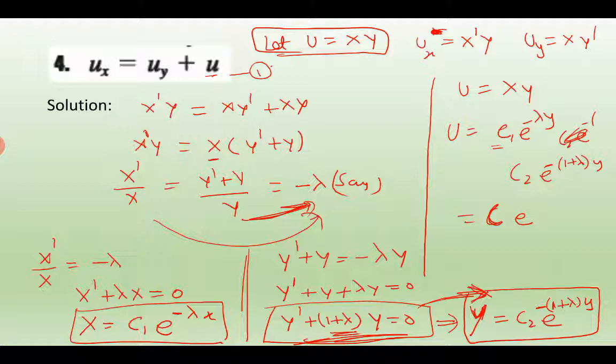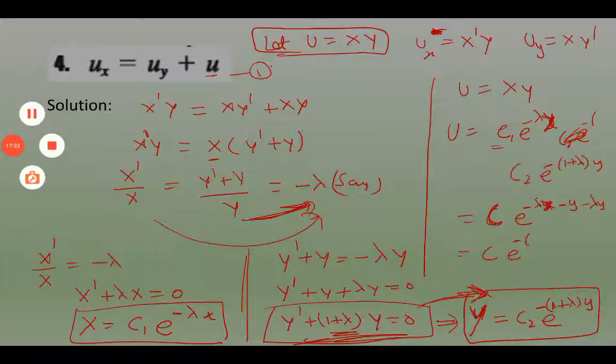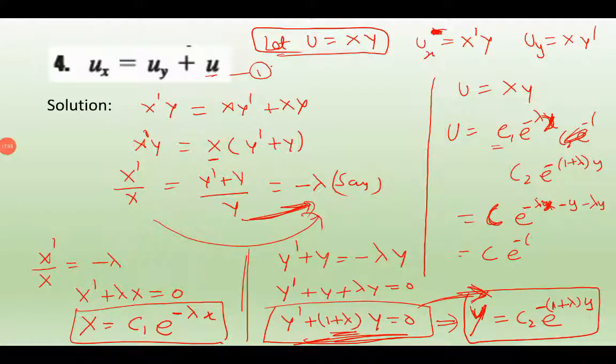Rearrange the terms: c into e raised to minus lambda x, minus lambda y, minus y, that is, e raised to minus lambda times x plus y, and minus y. That is the solution of this problem.